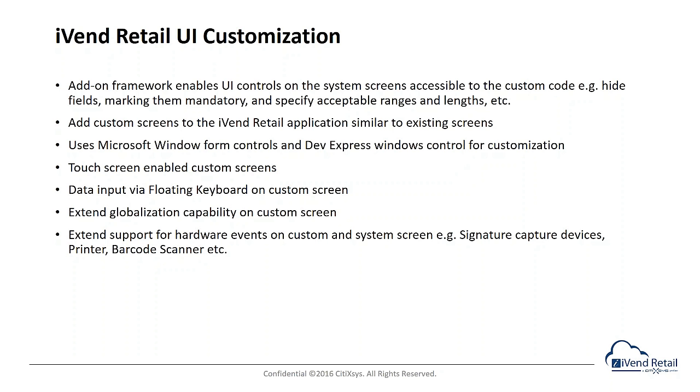You can enable your add-on to act like a globalized application, and you can extend support of hardware events on your custom and system screens like signature capture devices, printers, barcode scanners, etc.